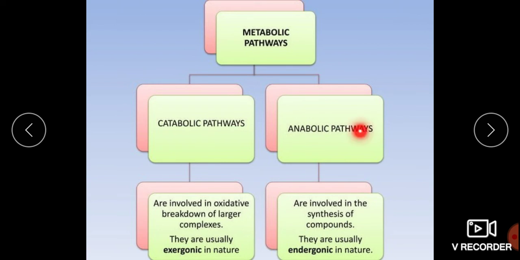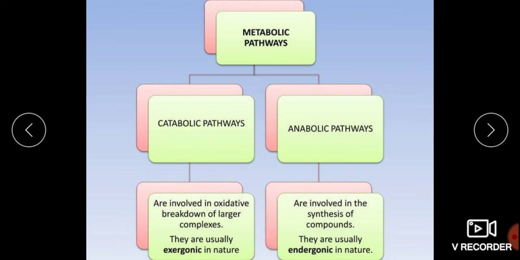Now the anabolic pathway, or anabolic reactions. In anabolic reactions there is a synthesis of compounds, and for synthesis of a compound there is a need of energy, so these reactions are endergonic. To perform an endergonic reaction, the need of energy is fulfilled by the energy generated from exergonic reactions.